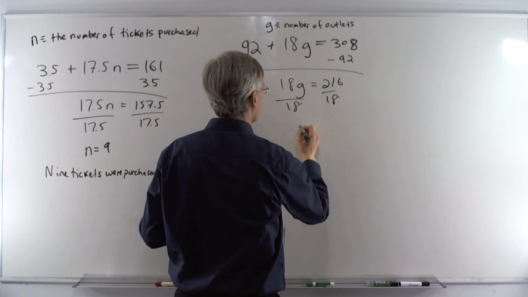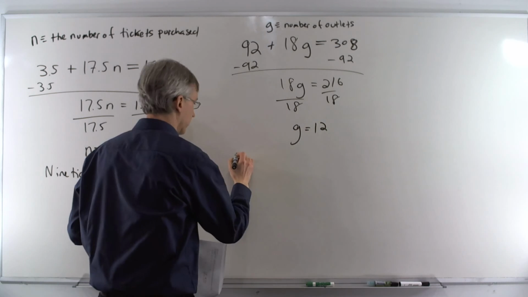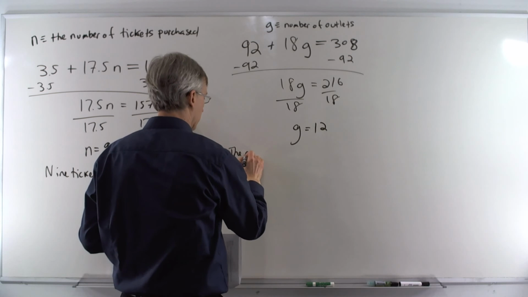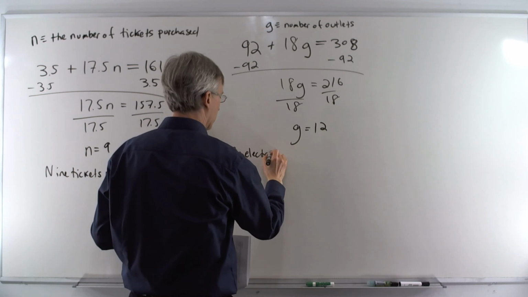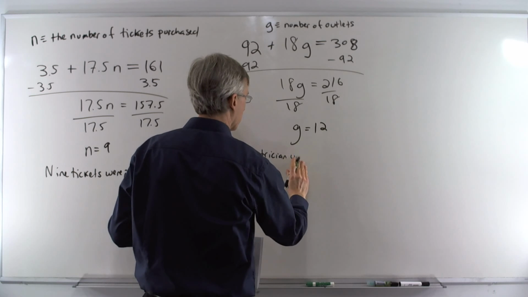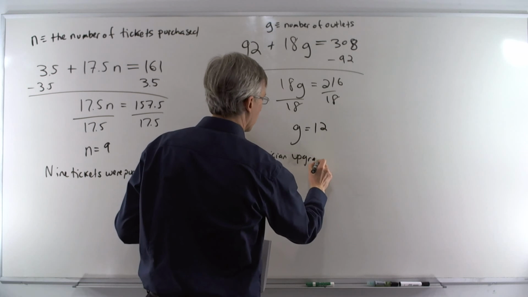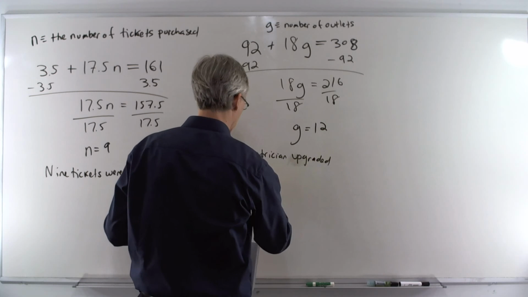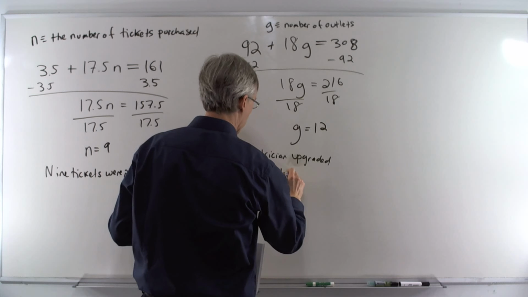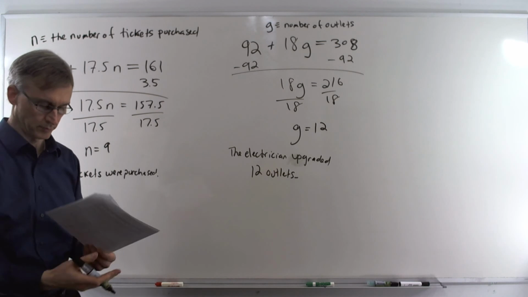Divided by 18, and G equals 12. So the electrician upgraded 12 outlets.